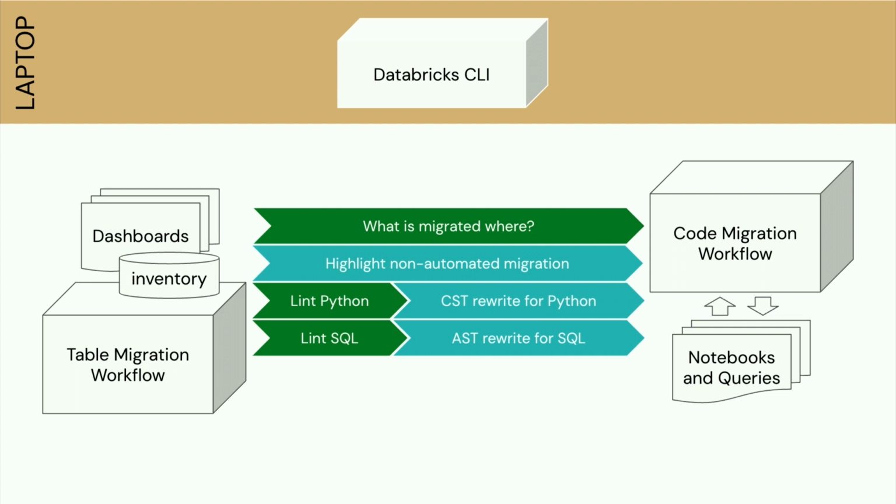And later, try to do best effort on replacing DB table with catalog DB table inside your Python notebooks, Python code, and SQL code. We already do that, by the way, for Redash dashboards. If you used UCX to migrate to Unity Catalog and all of your tables are external, we are already able to migrate your views and your Redash queries because we just replace the table names that were migrated.